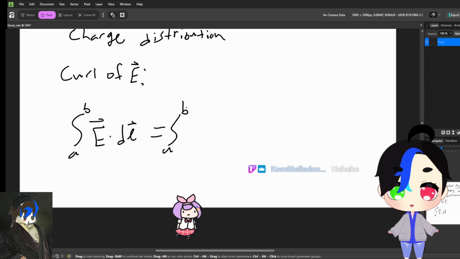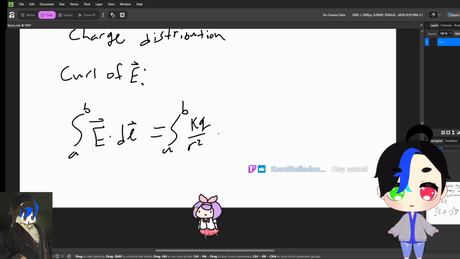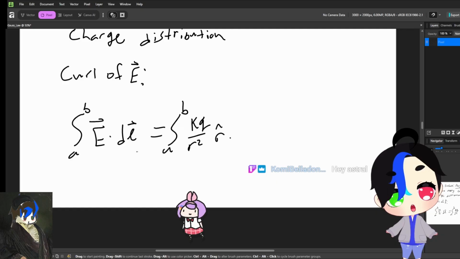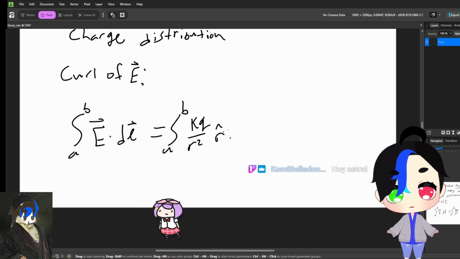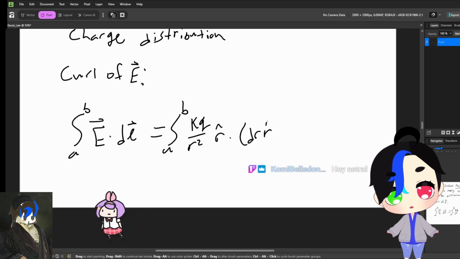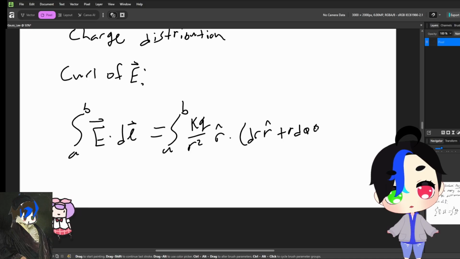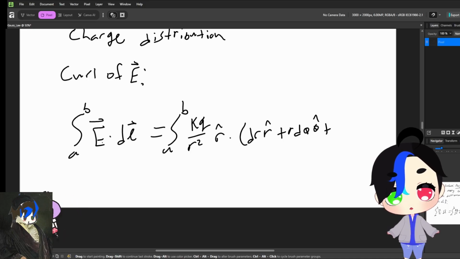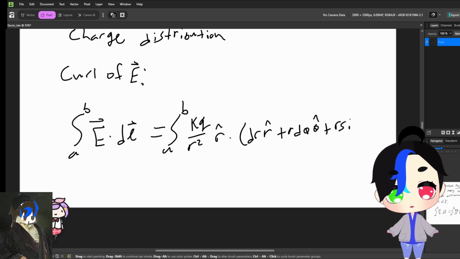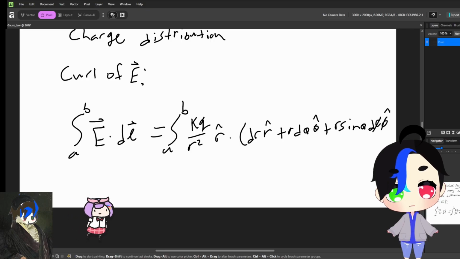So from some point A to B of kq over r squared r hat dot the line element, which in spherical coordinates is dr r hat plus r d theta theta hat plus r sine theta d phi phi hat.